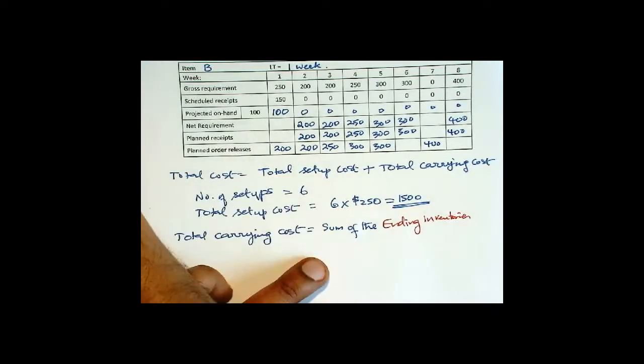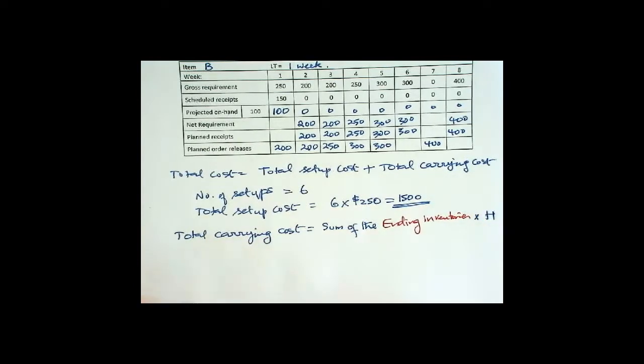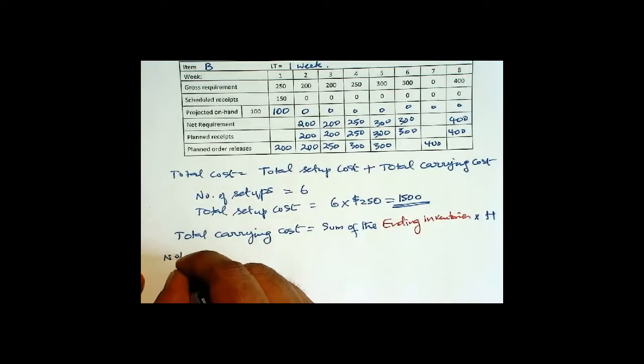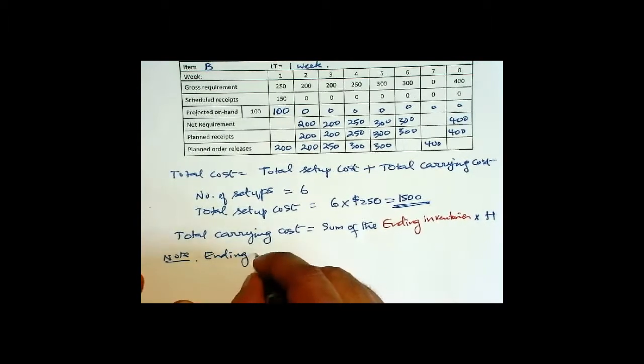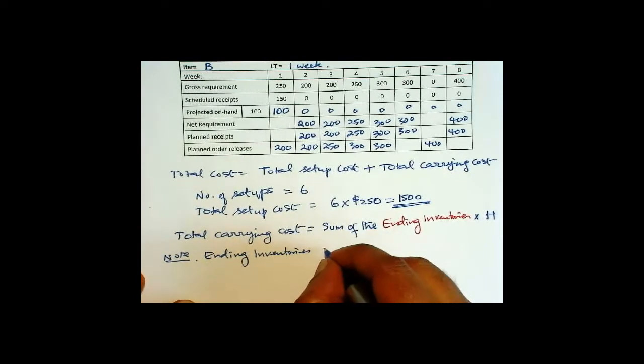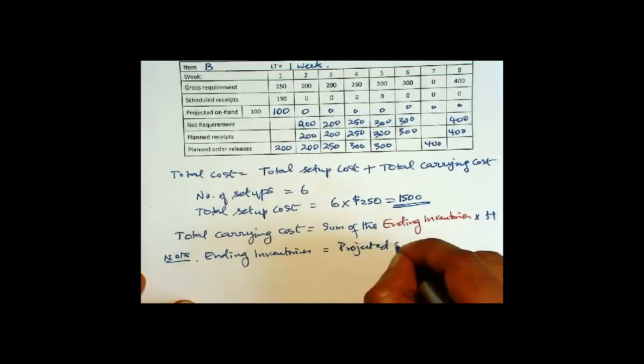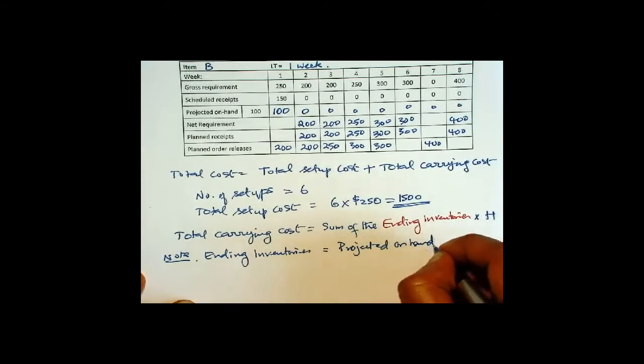Sum of the ending inventories times H. So note, ending inventories equal projected on hand starting from week 2.